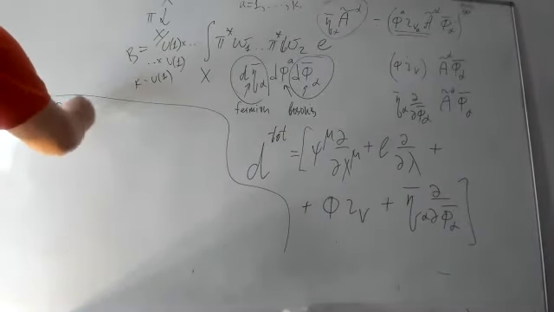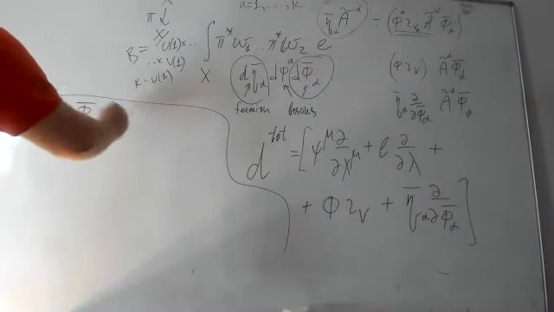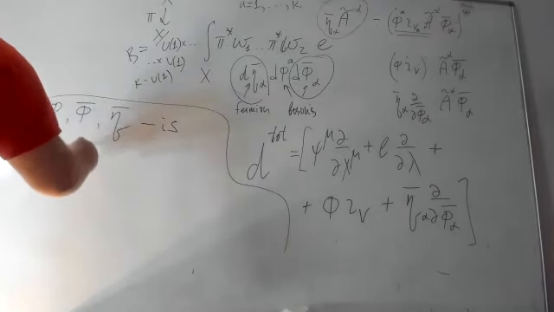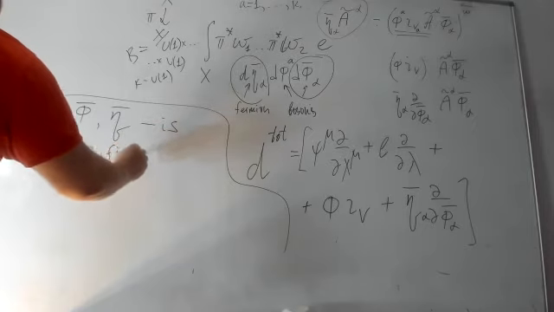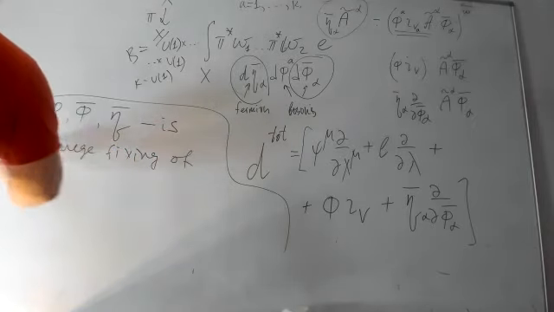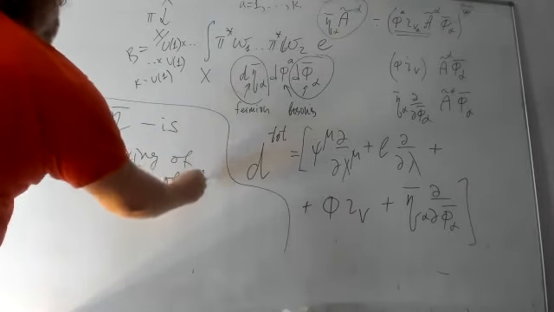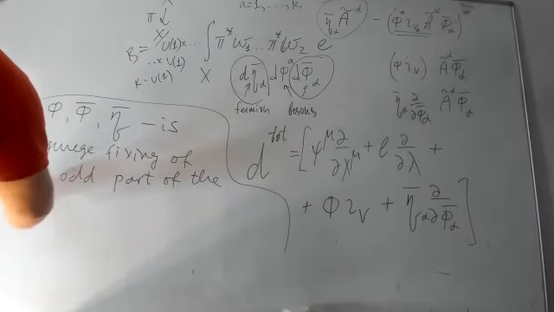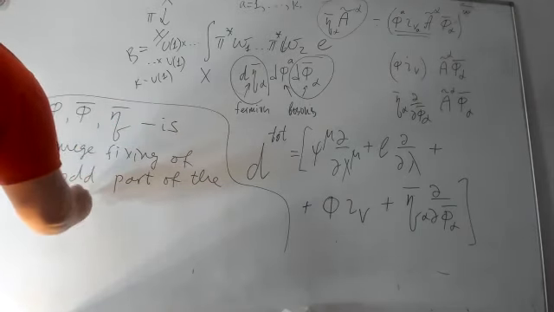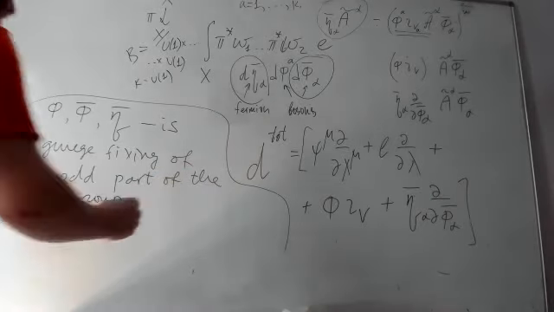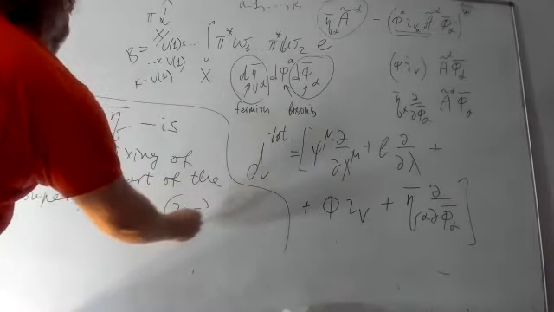So of course phi bar, eta bar is a gauge fixing of the odd part of the supergroup with the generator like this.